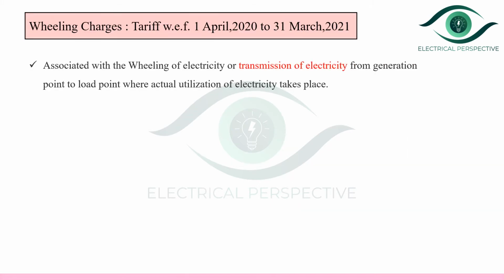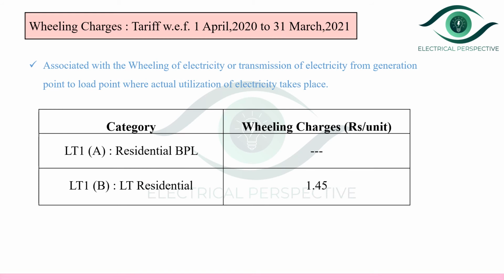Next are the billing charges. These are associated with the billing of electricity. Billing of electricity means the transmission of electricity from the generation point to the load point where the actual utilization of electricity takes place. Now let us see the rates of the billing charges.